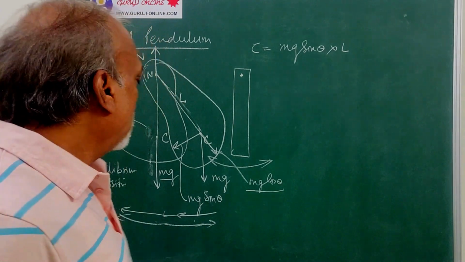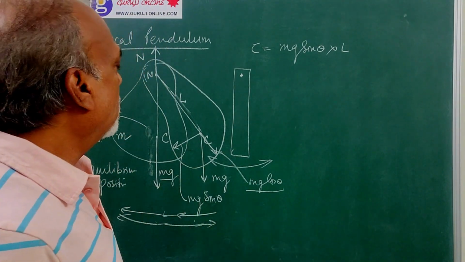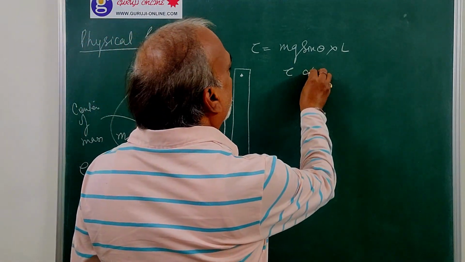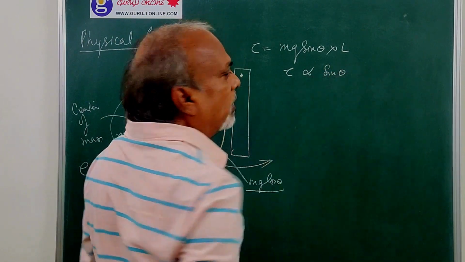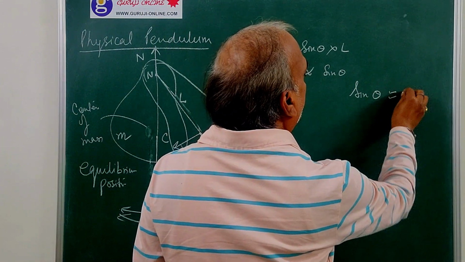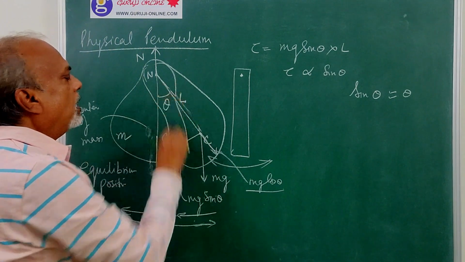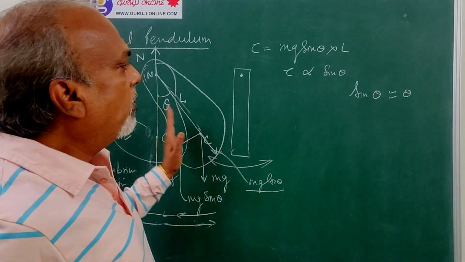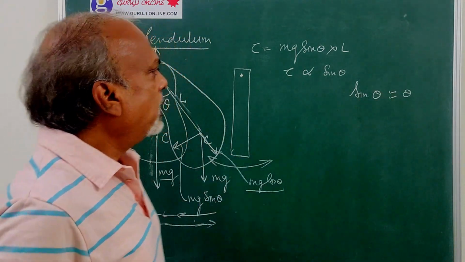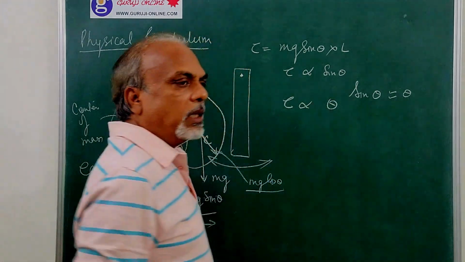So the same principle we had in the simple pendulum case also. But this is not a simple harmonic motion, of course, because here torque is proportional to sin theta. But for small angular displacement, which is of course theta, sin theta is equal to theta only, and your torque is nothing but proportional to theta.